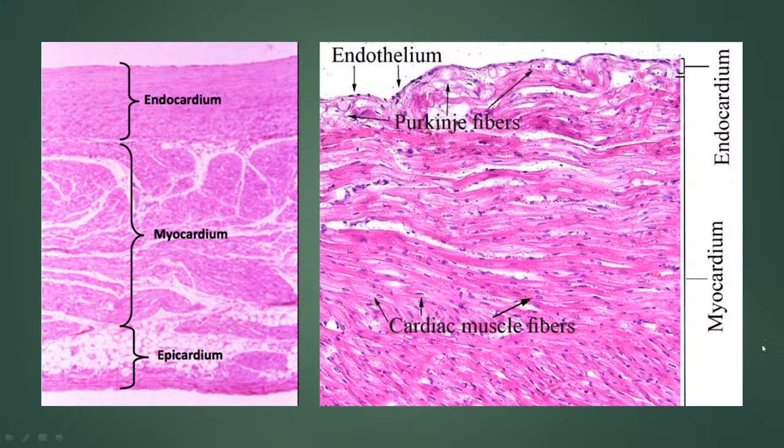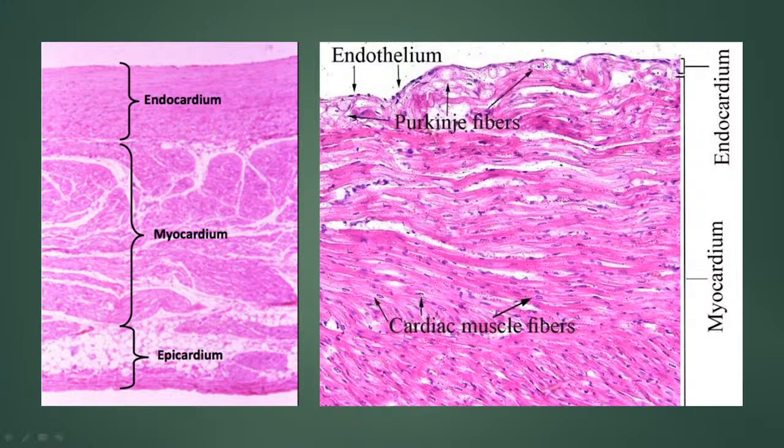Here you can see slides of the heart. Endocardium layer consists of endothelium, smooth, simple squamous epithelium, subendothelial layer, very thin here, muscular elastic layer, and external connective tissue layer.